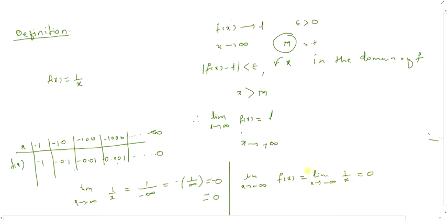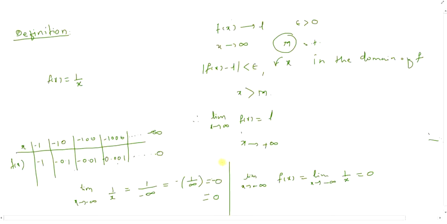If it is other than 1 by x, that is, if we have another function or other value, then its limit is L. So don't get confused. Remember this: limit x tends to minus infinity of 1 by x is equal to 0.